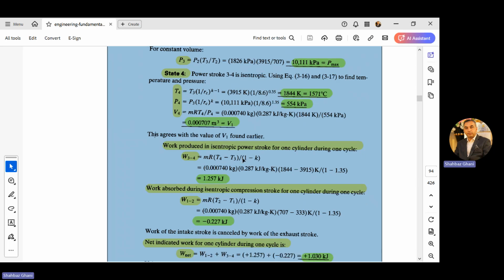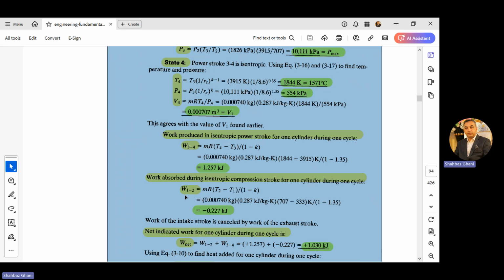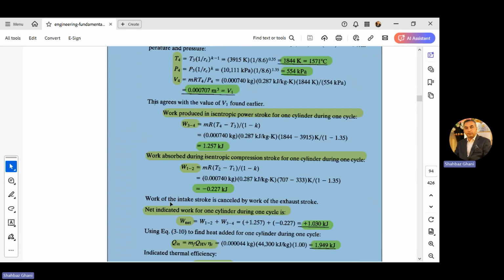This is the work produced in an isentropic power stroke for one cylinder during one cycle. Now, the work absorbed during isentropic compression for one cylinder during one cycle, that is work from process 1 to 2, m R (T2 minus T1) divided by 1 minus k. Putting the values, we get minus 0.227 kilojoules. So the work of the intake stroke is cancelled by the work of the exhaust stroke.